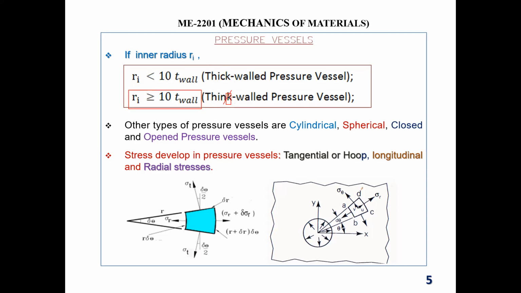Now, this is based on the wall thickness and radius. Pressure vessels based on geometry can be cylindrical or spherical, and closed or open. For example, you are carrying high pressure gas from Kumula to Dhaka. Both ends are open, but it behaves like a closed end.